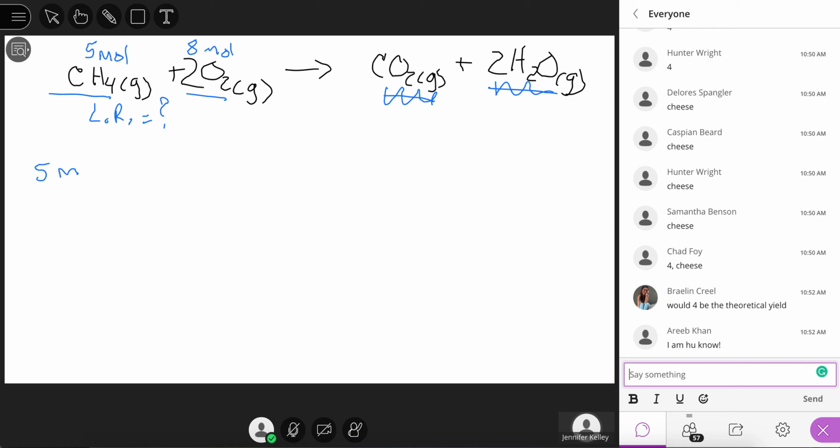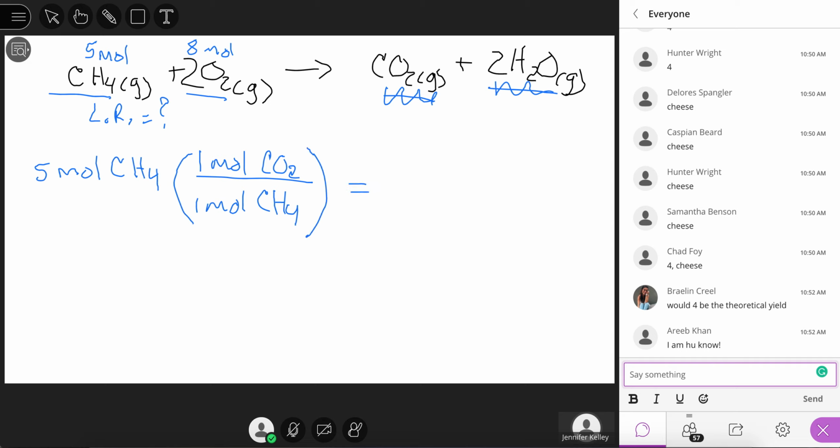So I have 5 moles of methane, and for every 1 mole of methane, I produce 1 mole of CO2. So that's 5 times 1 divided by 1 is 5 moles of CO2.